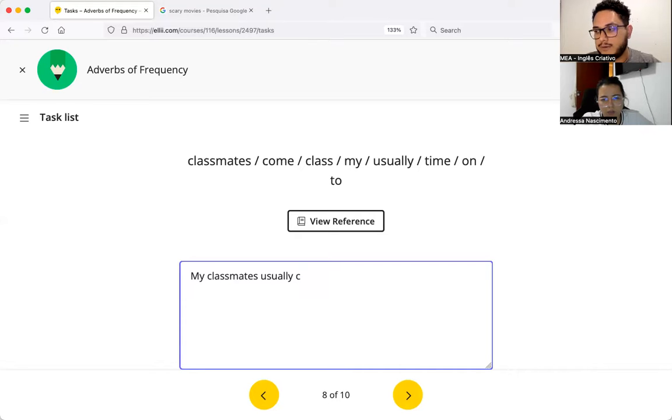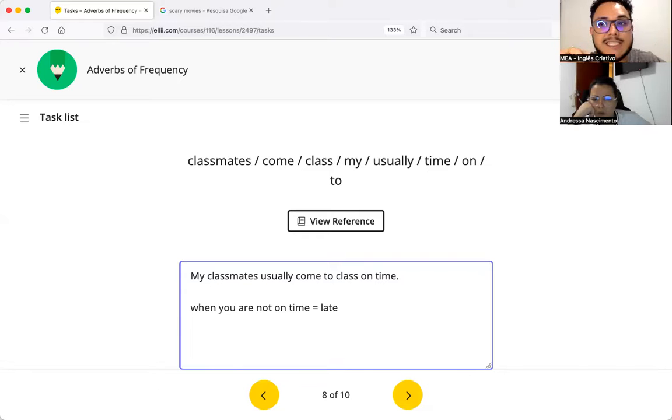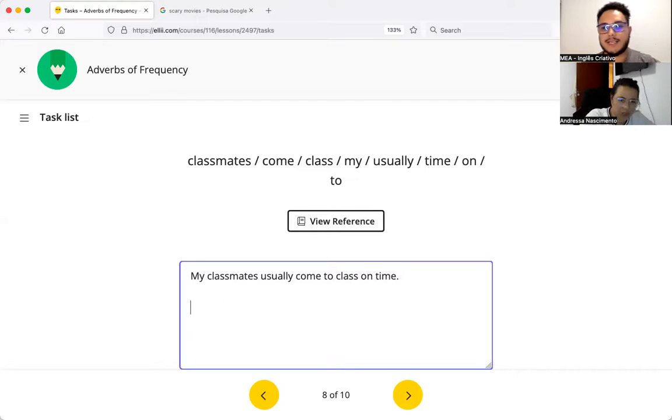Now the verb. What is the verb? To is not a verb. Come. Yeah, come to class on time. Remember, Andressa, we have two adjectives. When you are not on time, you are late. So late is the opposite of on time. Okay? Perfect. Now create your sentence.